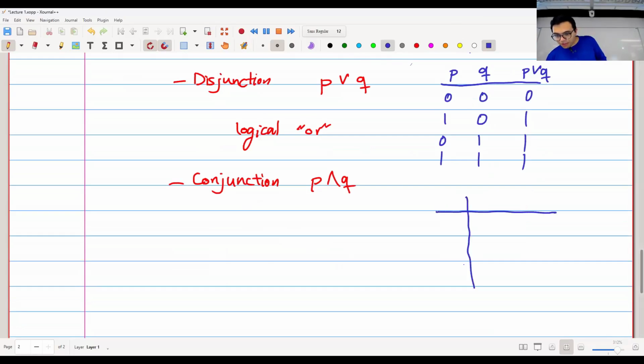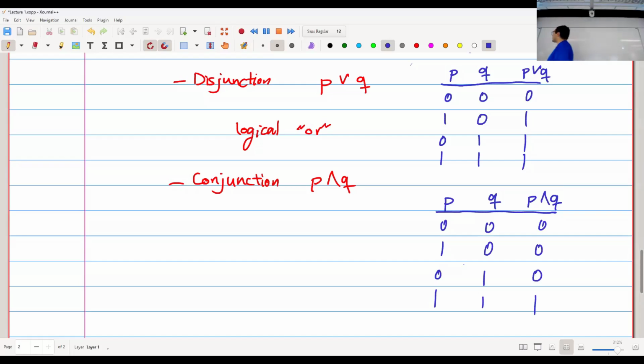This is actually painful, and it gets more painful as we go forward, because soon I will have more than 2 variables, and then this table gets really long. So 0, 1, 0, 1, 0, 0, 1, 1. Okay, so if both of them are false, P and Q is false. If one of them is false, P and Q is false. The only case that P and Q is true is if both of them are true.